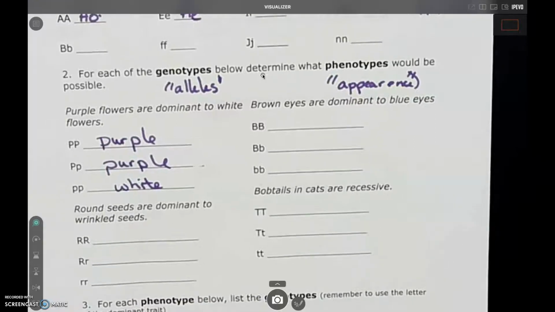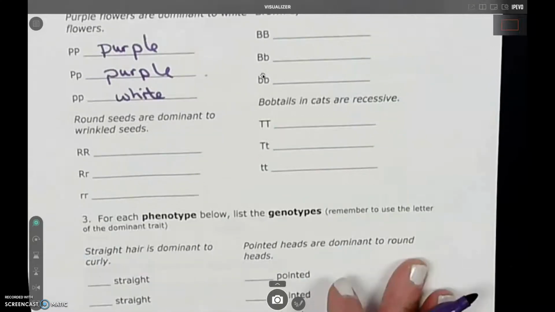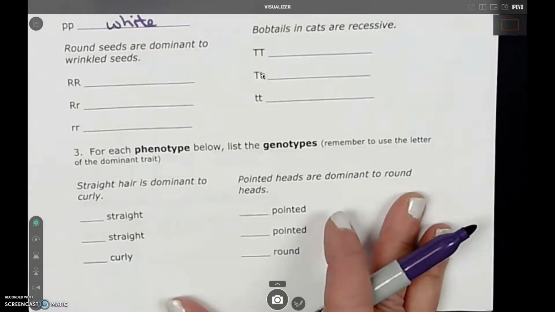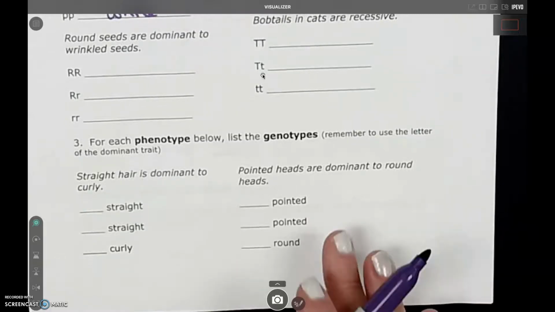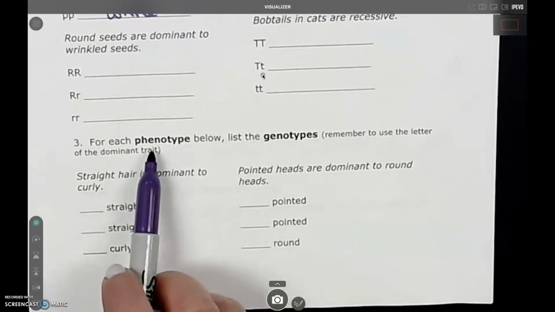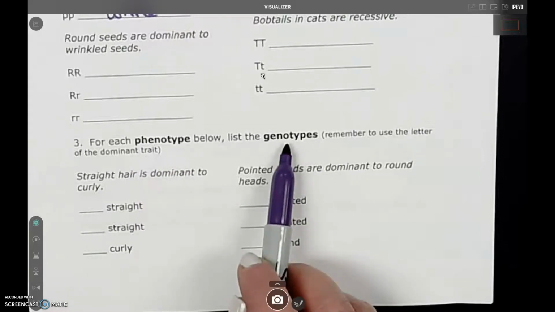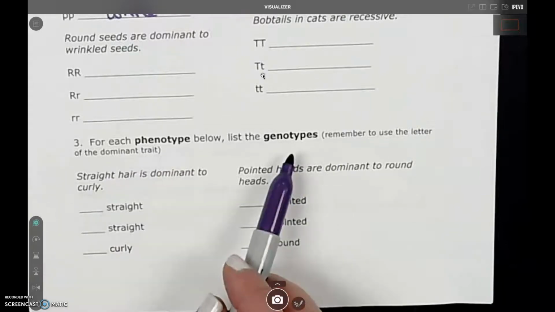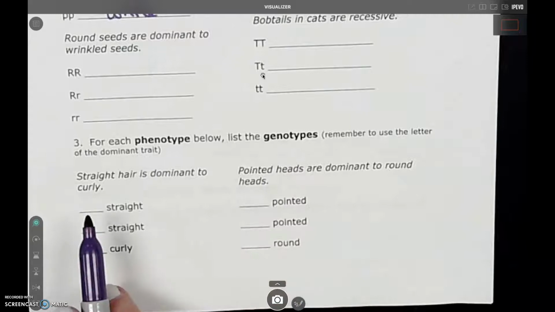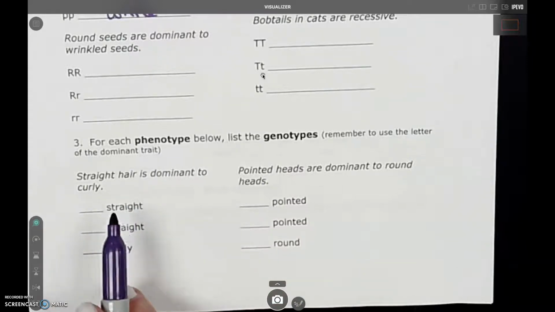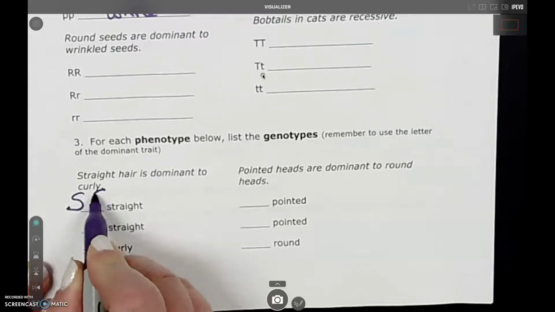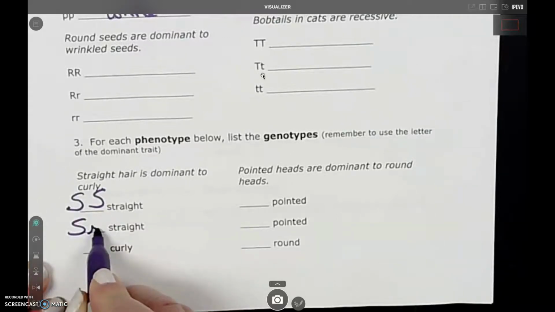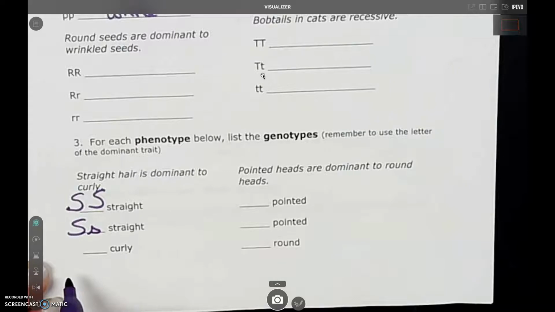That sound good so far? All right. Take a look at what you're doing for 3. Okay. Now we're given the appearance, and you need to tell me what alleles they have. That's what phenotype to genotype means. So straight hair, dominant to curly. Straight. I'm using S's because I can do that. You want to use H's for hair.